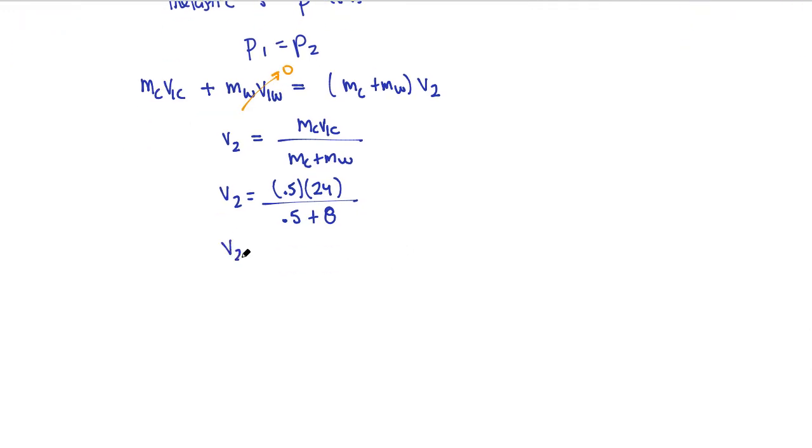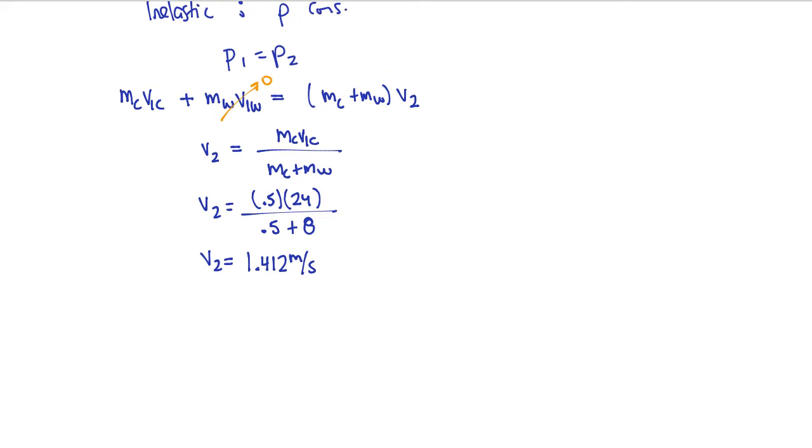So the speed with which they start to move together ends up a fairly ugly 1.412, we'll say, meters per second. So this is equal to v naught in the x direction for our projectile motion.